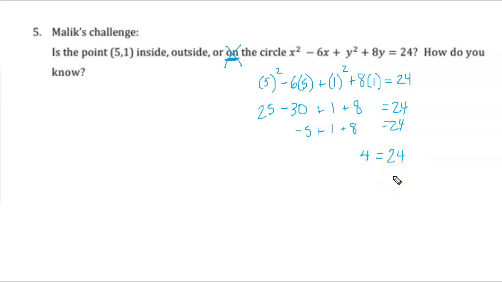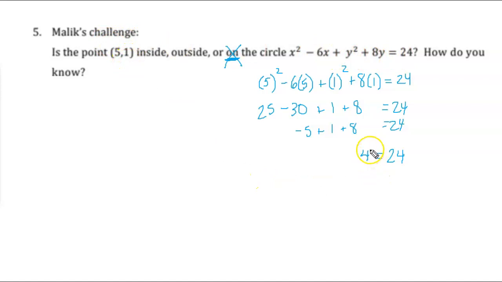And what we have to realize is that if we're using this point and we plugged it into this equation, we're basically finding the a squared plus b squared equals c squared. So we're looking at the hypotenuse of the circle that has this center but goes to this point.